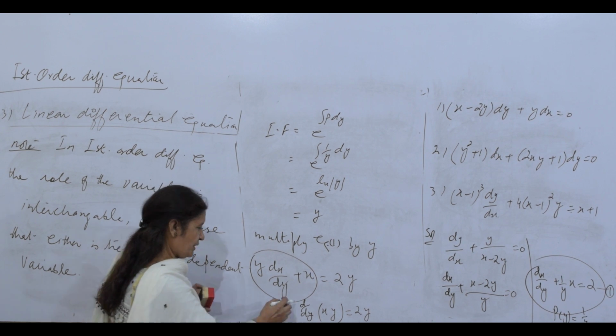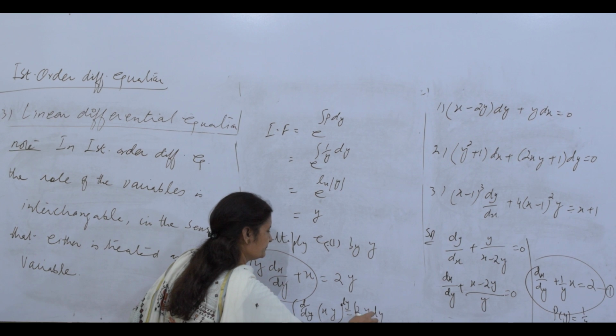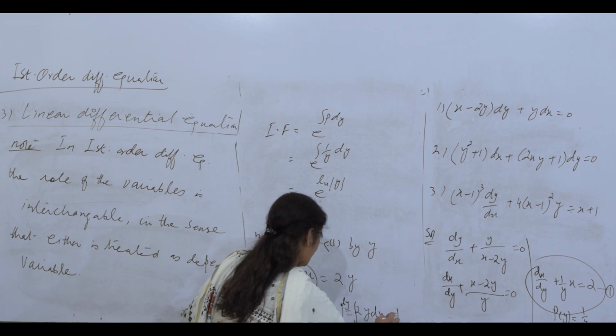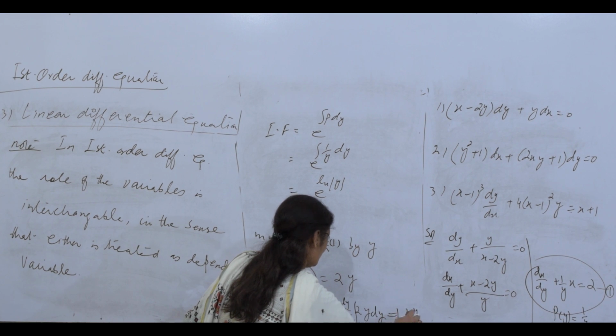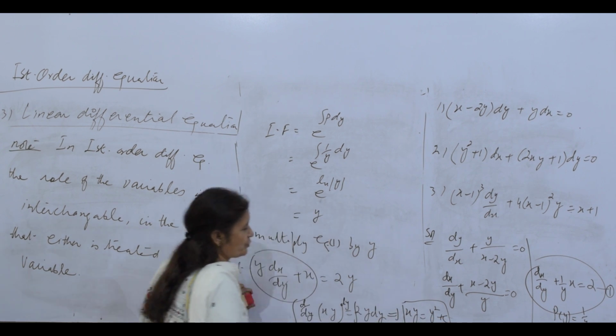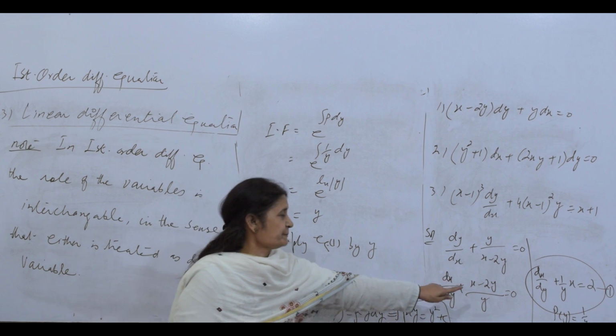So integrate both sides with respect to y. Independent variable is y, so the differential and integral cancelled, you are left with xy on the left hand side, and this is y square plus c. So this is going to be the solution of a differential equation which is linear in x.